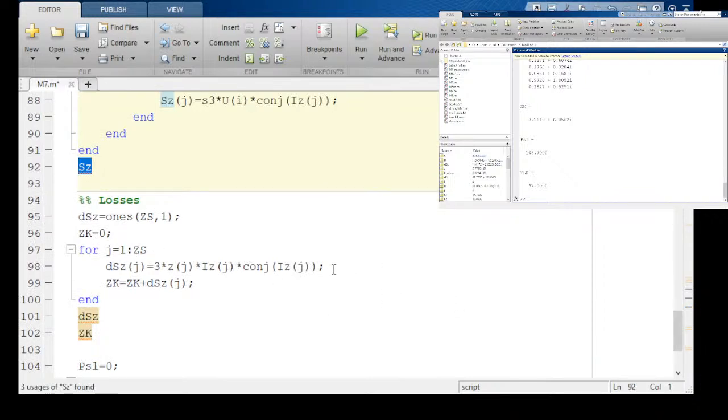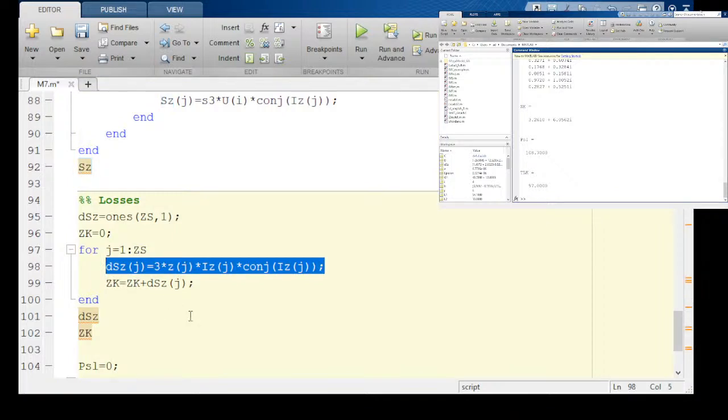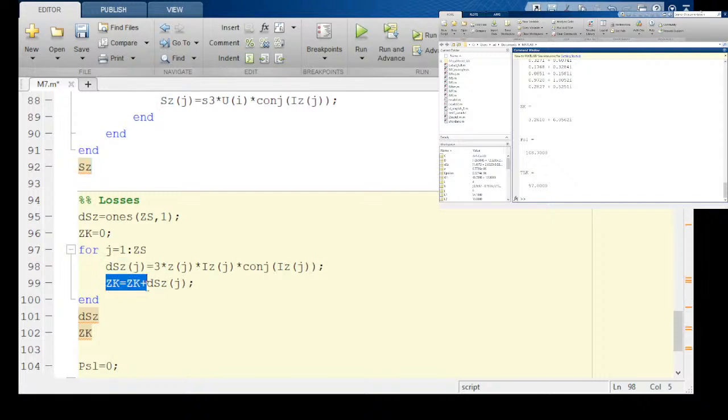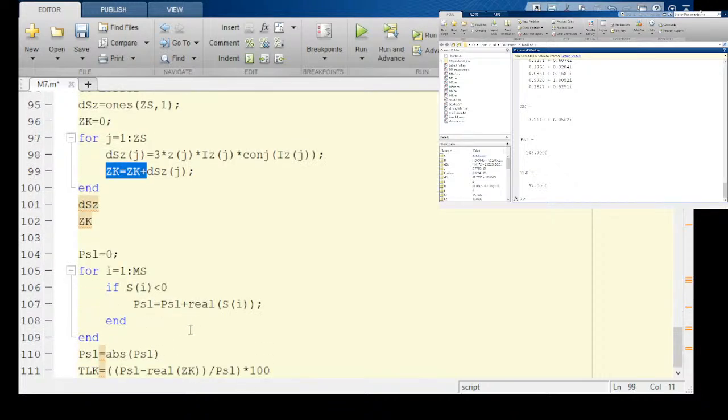Losses, here: losses for each branch, and I also calculate the total loss of the whole network. In this small part, I calculate the sum of all active loss.